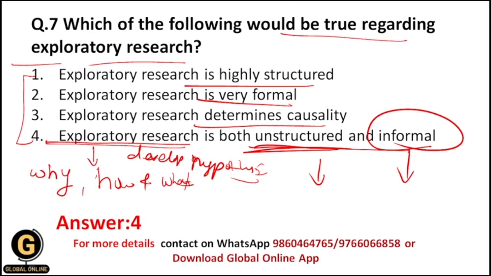So you can understand here that the characteristics of exploratory research are, they are unstructured, they are informal, okay, and that's why the correct answer is 4.